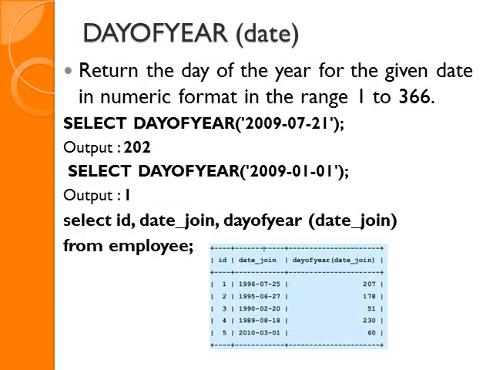DAYOFYEAR, where the input is a date. It returns the day of the year for a given date in numeric format in the range from 1 to 366. SELECT DAYOFYEAR within brackets, and if a date is given, it gives output based on that date. So in the July month of 2009, 21st July is the 202nd day of that year, so it gives you the output 202.